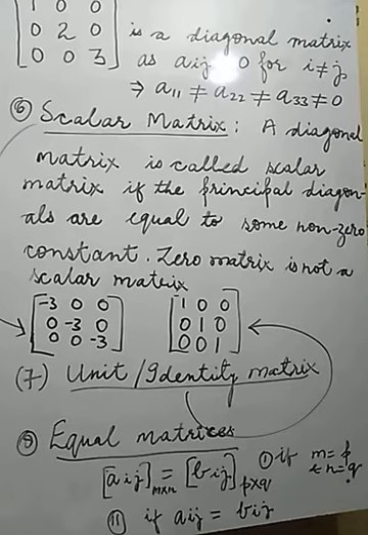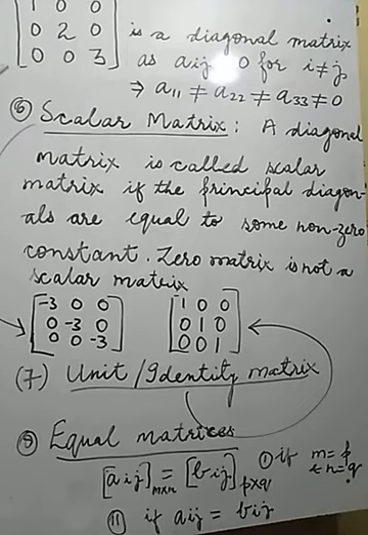Now consider another type of matrix that is called a scalar matrix. You may observe it is 1 here, 2 here, 3. The elements of the diagonal may vary. If these are constant terms, a non-zero constant, they may be negative integers or positive integers, but they will not be equal to 0.